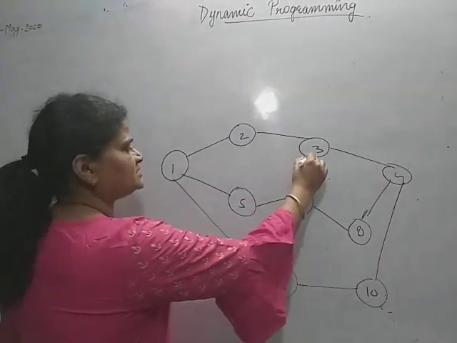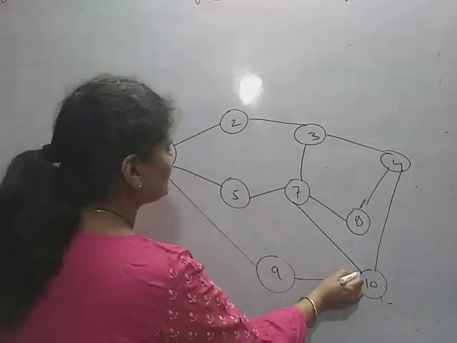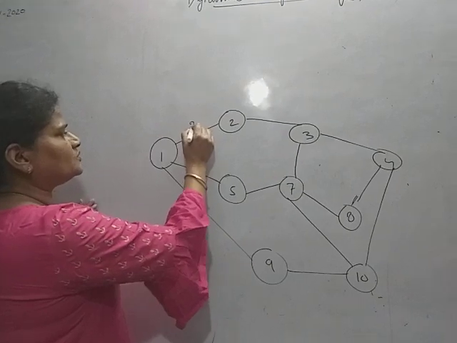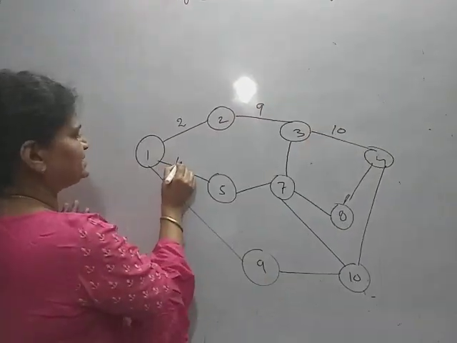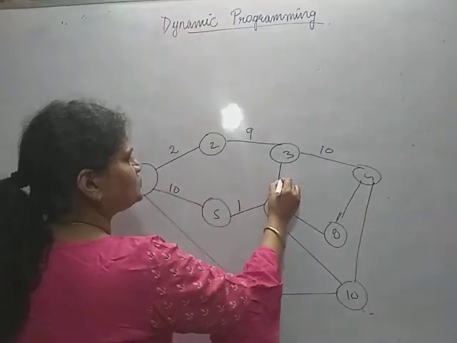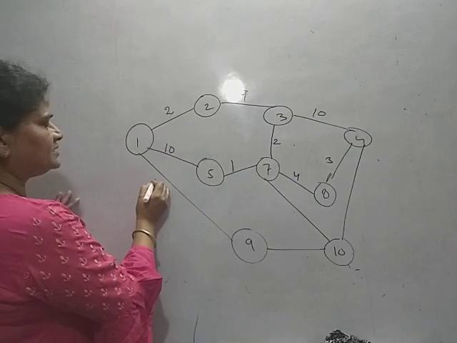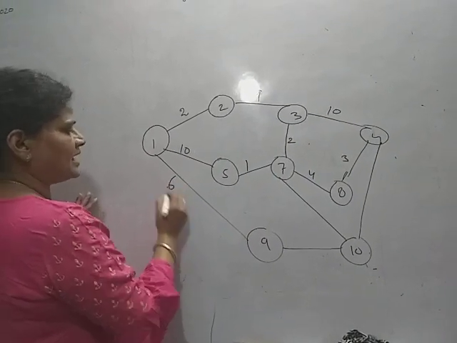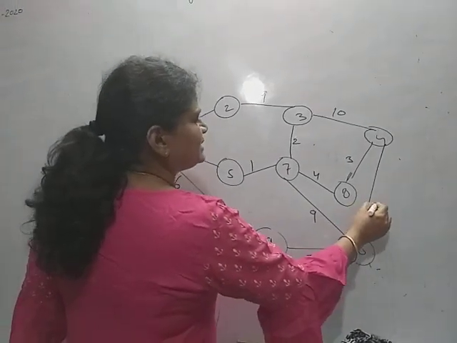Suppose this one is also a path, and this is also a path. And I am assigning the weights: 9, 10, 10, 1, 2, 4, 3, and here 6 and 7, 9 and 8.